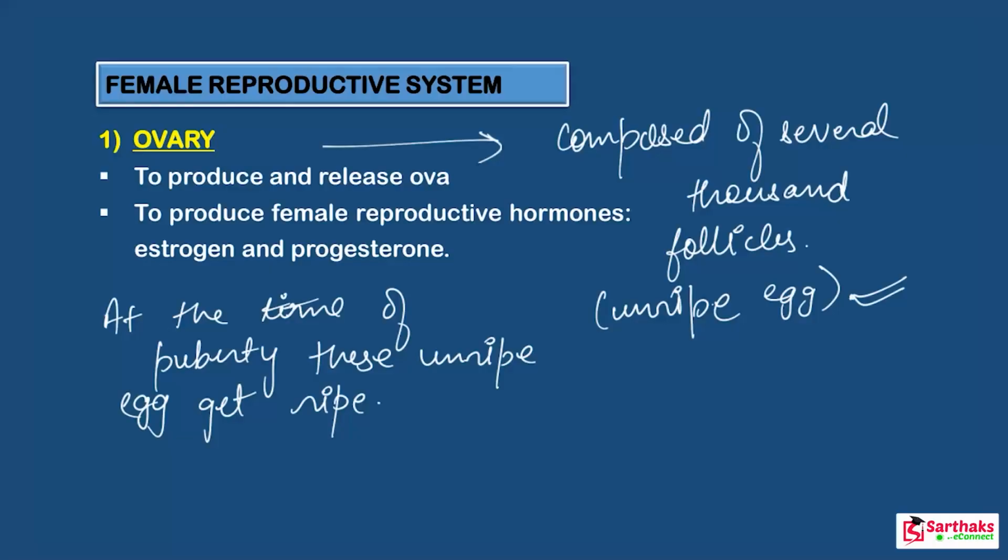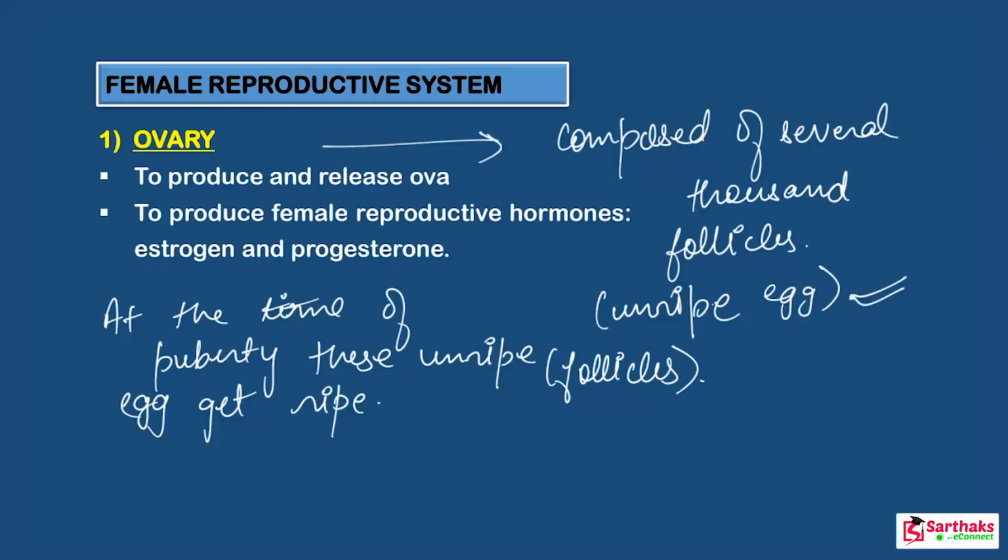Why do they mature at that stage? These follicles get mature and become a new ova for their fertilization, because at that time some hormones are released.